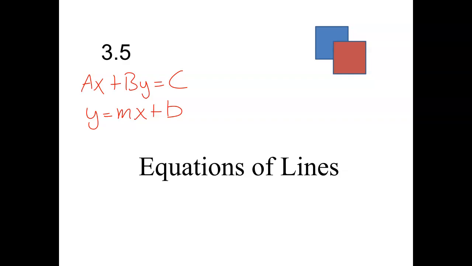Y has a coefficient. In slope-intercept form, y does not have a coefficient. Y is just y. What else? Another big difference: x has a coefficient too. X is first. One more big thing.